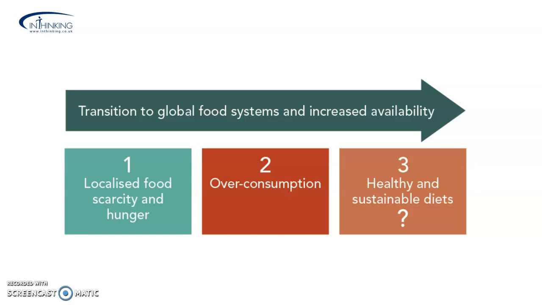And as these countries develop, they move towards kind of overconsumption of food. And this is where we might find some high-income countries and to some extent some parts of the population in middle-income countries. And then perhaps we can move towards more healthy and sustainable diets. So there is this transition when we think about food.